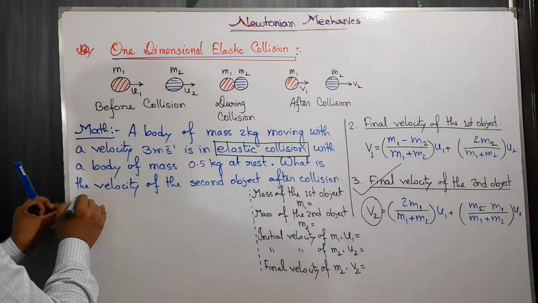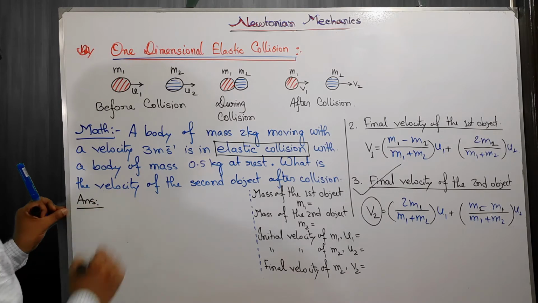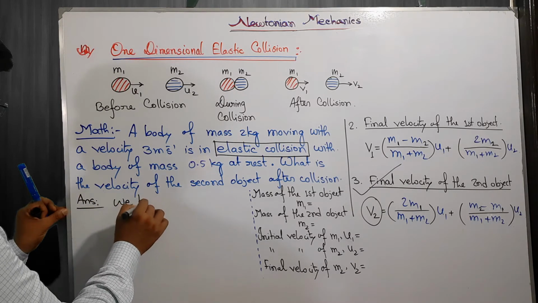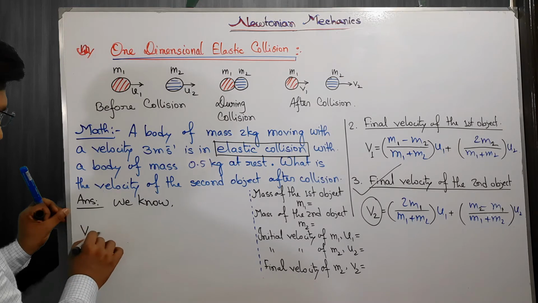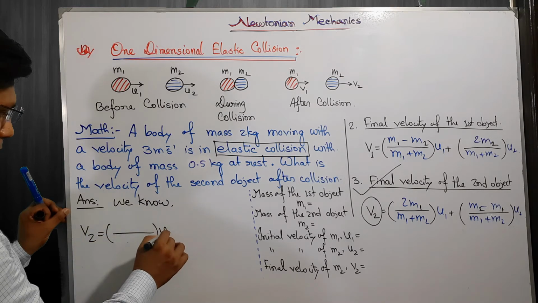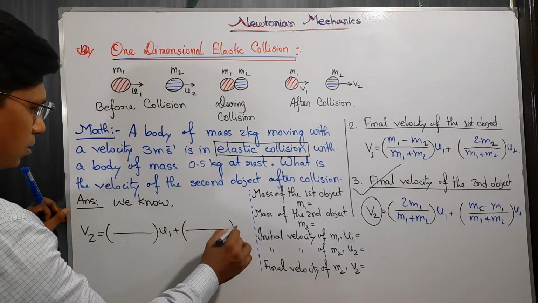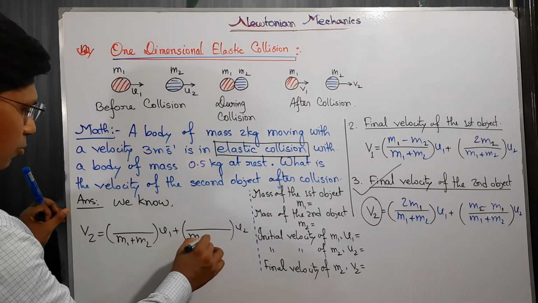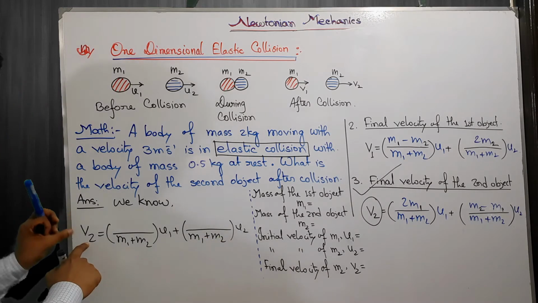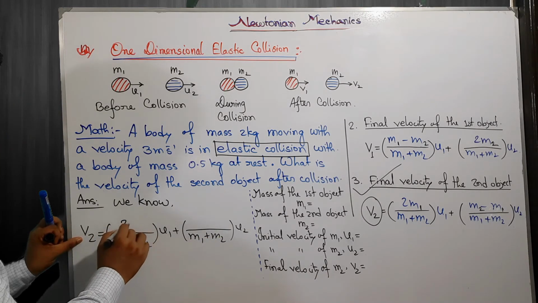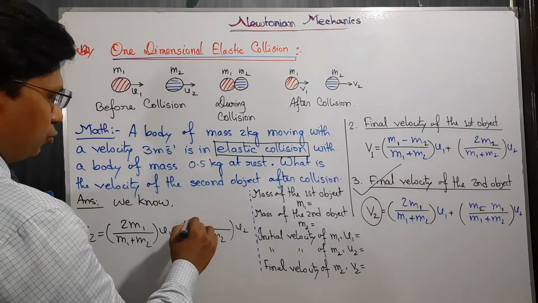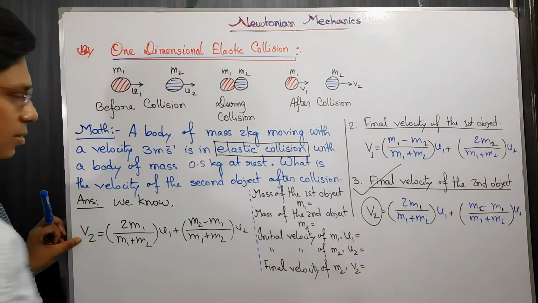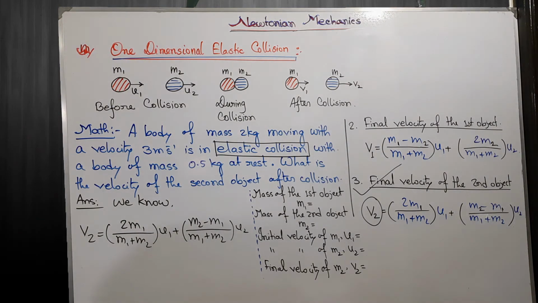So we know v2 equals, for both, u1 plus u2, and here m1 plus m2, v2, and here 2m u1 that has m1, and u2 has m2 minus m1. This is the equation for this math.